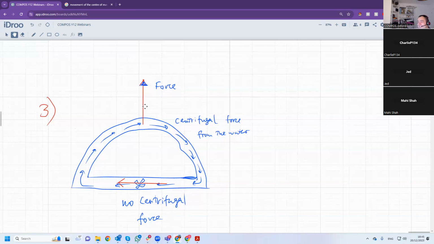Centrifugal force, well, it's not fictitious. I mean, obviously you feel it. It's there. But obviously, if there's a force that pushes the rocket up, the rocket would move. So if the rocket would move, the center of mass would move.